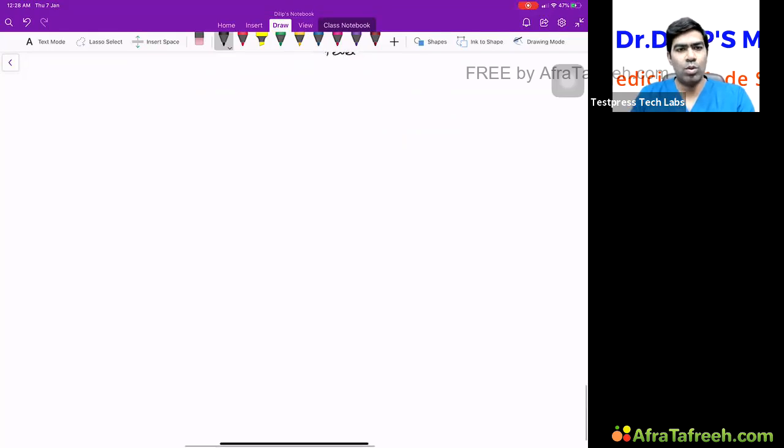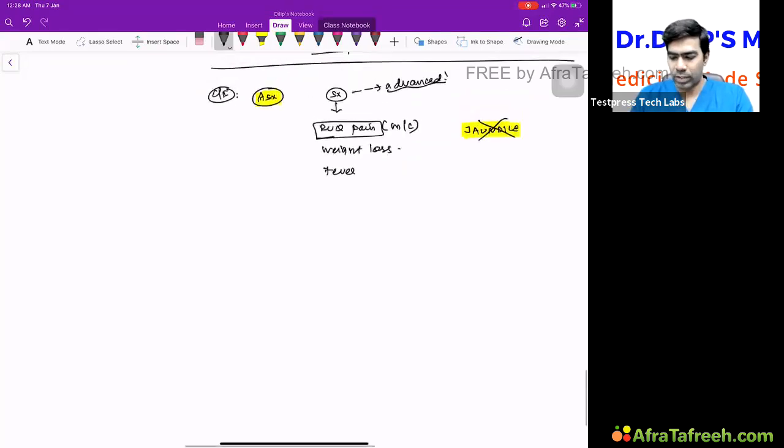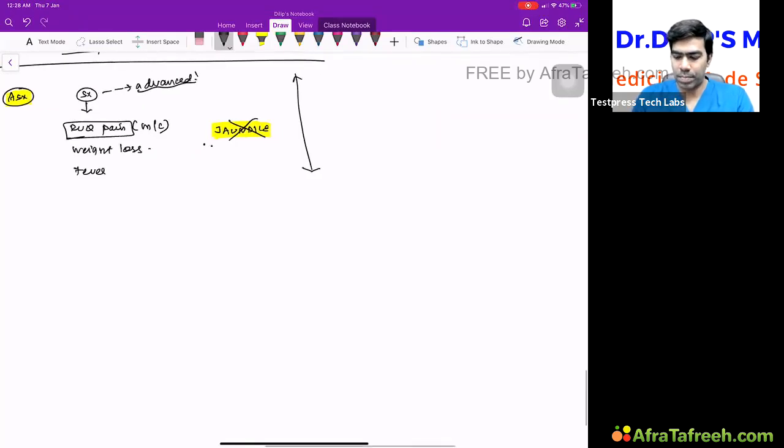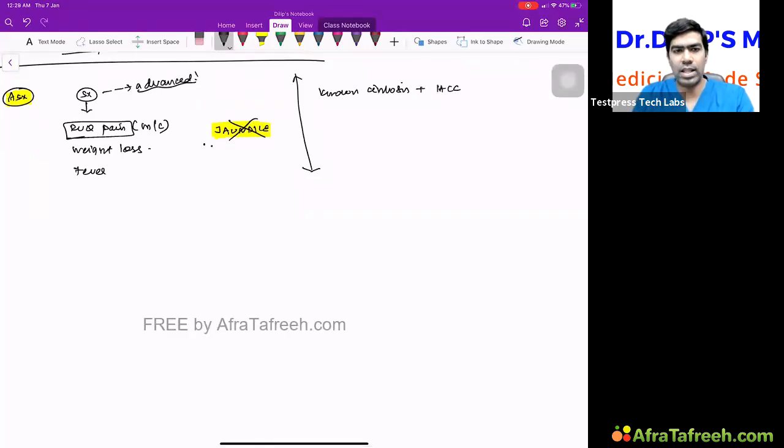So there are 2 points that you need to know, which I'll tell you with regard to the clinical diagnosis of hepatocellular cancer. A patient who's a known cirrhosis develops HCC, there is a high chance of decompensation.